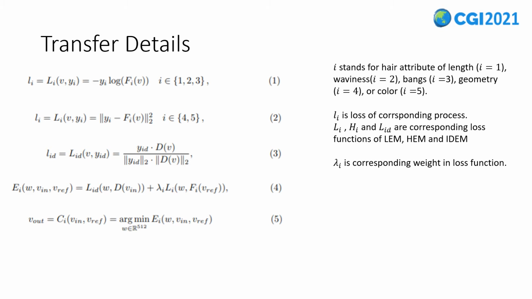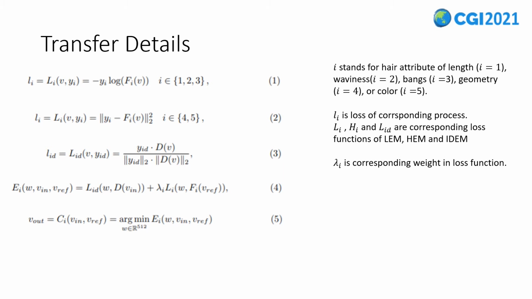We divide the transfer process into 5 subnetworks corresponding to each attribute. In the equations, all signs for hair attribute are length, waviness, bounce, geometry, or color. Li, Hi, Lid are corresponding loss functions of LEM, HEM, and IDEM.